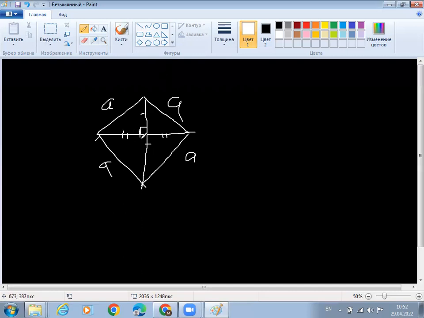Bisect means that they divide both diagonals in half. So here S is equal to D1 times D2 divided by 2. Actually, there should be sine alpha, but sine 90 degrees is equal to 1. So we have D1 multiplied by D2 divided by 2.